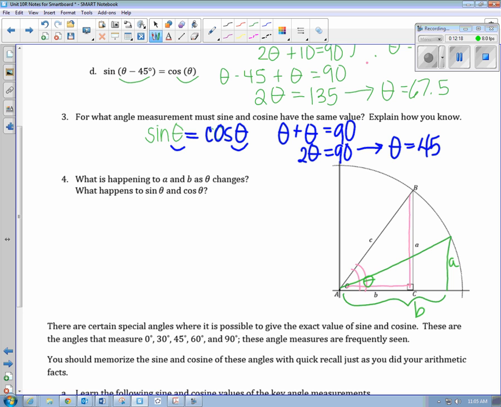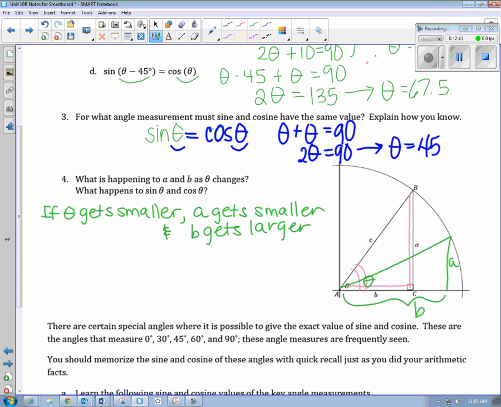So if theta gets smaller, A gets smaller, and the B value gets larger. And you can see that that's the case. If I compare the green side length of A to the pink one, A is shorter. If I compare the green side length of B to the pink one, the B is longer.